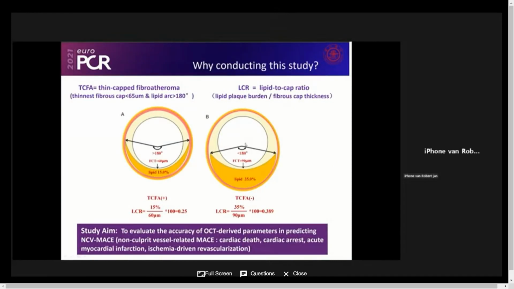So you look again at the angle of the lipid area, the cap thickness, and then he came up with this calculation, the LCR. The study aim, which was presented this year, 2021, at PCR, was to evaluate these OCT-derived parameters in predicting non-culprit vessel-related MACE.